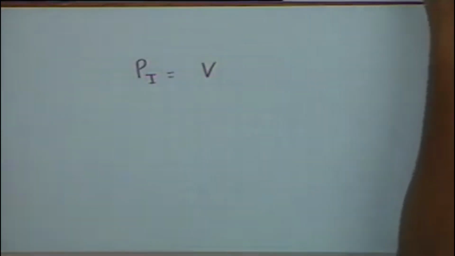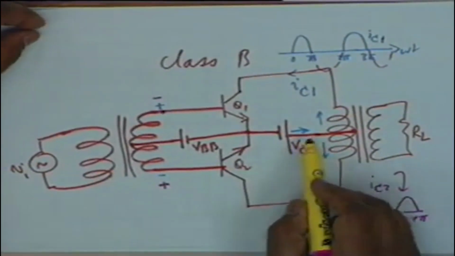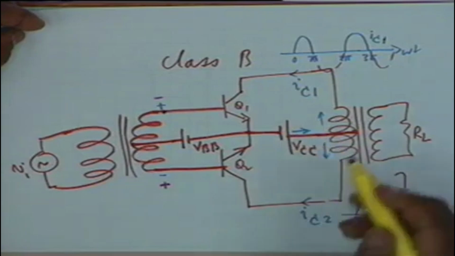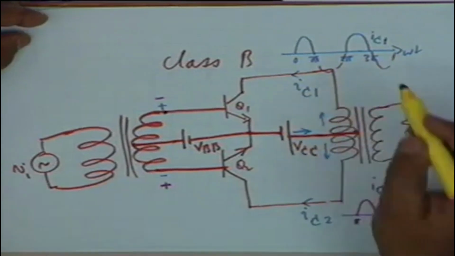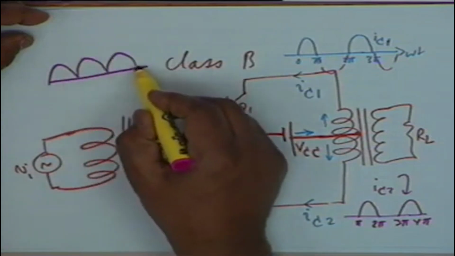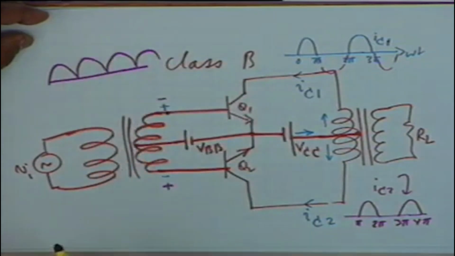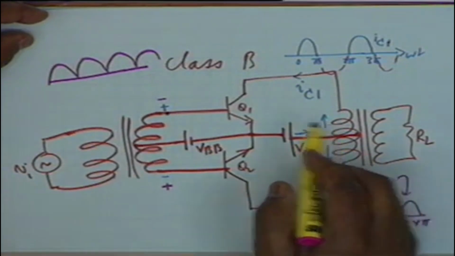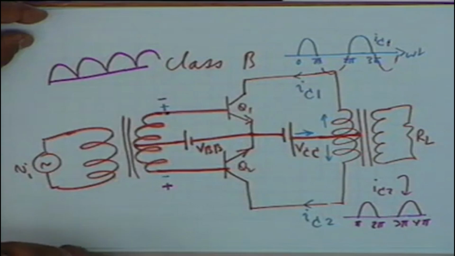What is the input power? Input power obviously is VCC times what the battery gives out, IC1 plus IC2. Now, IC1 plus IC2 obviously is the full rectified sine, isn't that right? And the DC that is drawn from the battery is the average value of this.